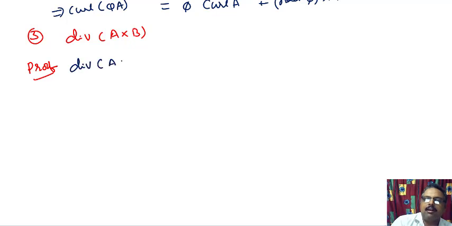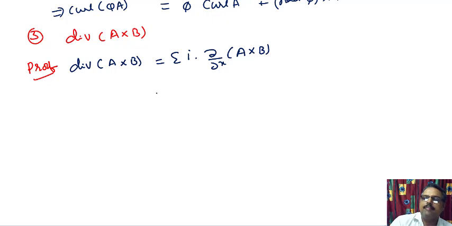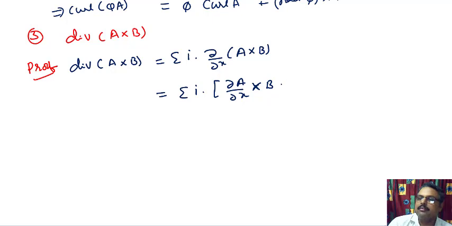Divergence of A cross B equals, in sigma notation, sigma I dot dou by dou x of A cross B. Again we are using the UV formula, sigma I dot dou A by dou x cross B. Here in the vector product, don't change the order. If it is A, then write A here; if it is B, write B here, because A cross B is different from B cross A. A cross dou B by dou x.